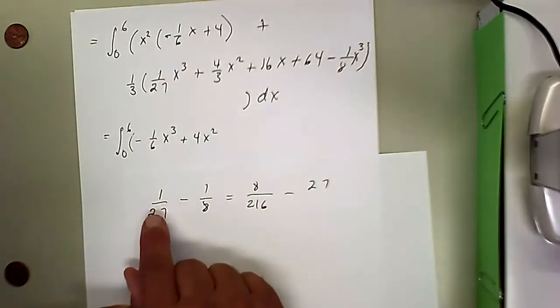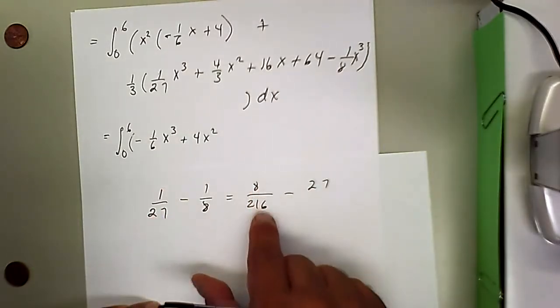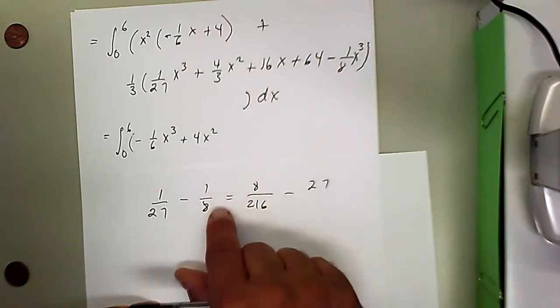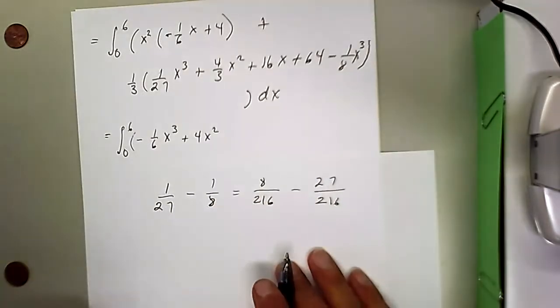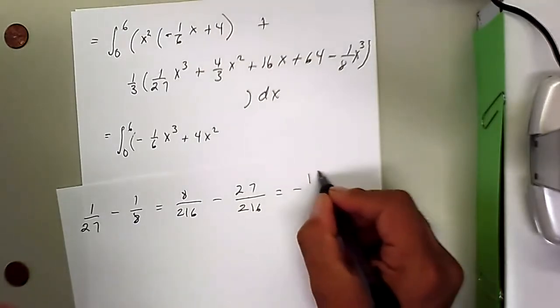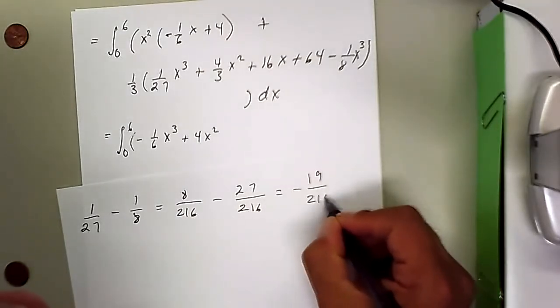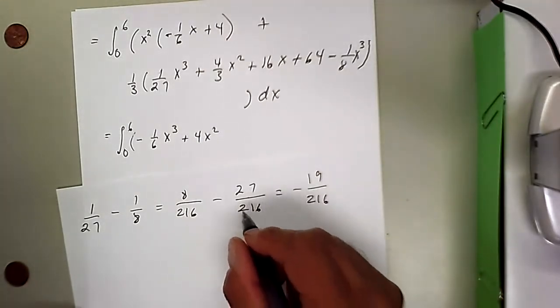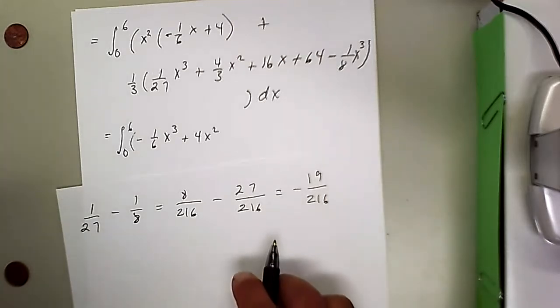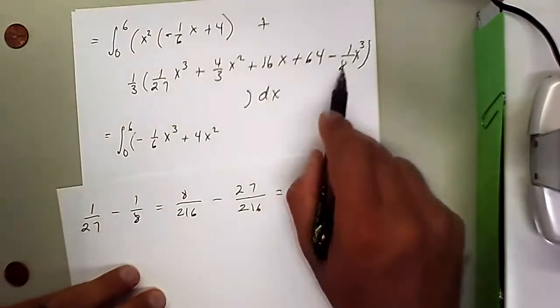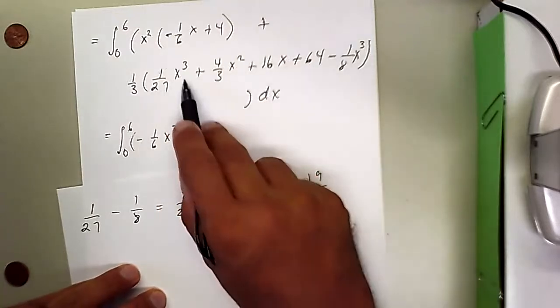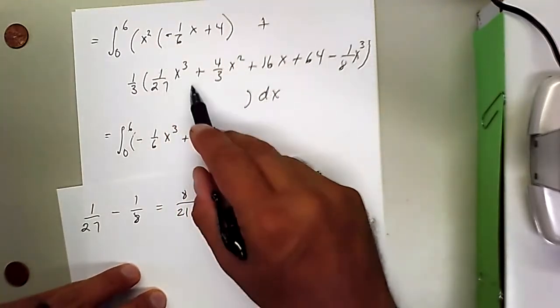So we multiply this fraction by 8, and that gives us 8 over 216. This fraction is going to be multiplied by 27, so 27 over 216. And of course, that is negative 19 over 216. Okay, but then we got to multiply that by 3, the denominator, because that is those two fractions subtracted together. Of course, I'm missing the x cubed, which I'm going to apply soon.